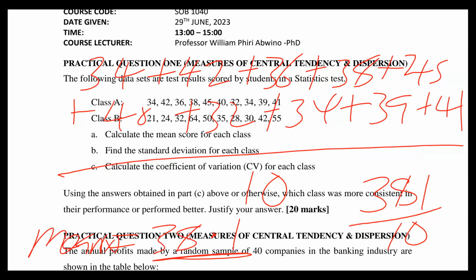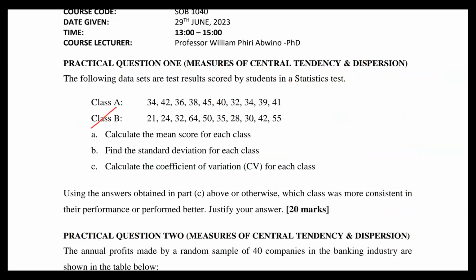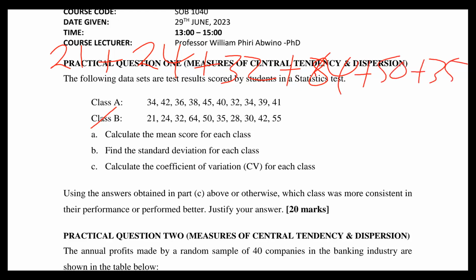Assuming that there is no question, then we can go to class B. Class B is 21 plus 24 plus 32 plus 64 plus 50 plus 35 plus 28 plus 30 plus 42 and plus 55.